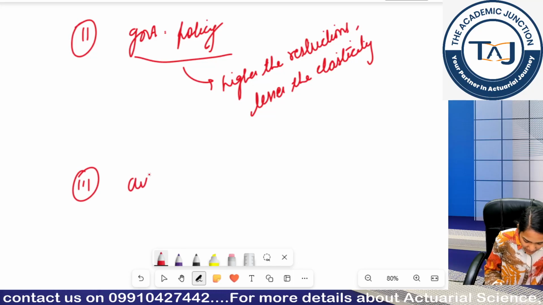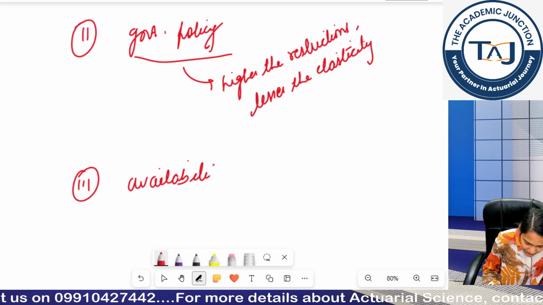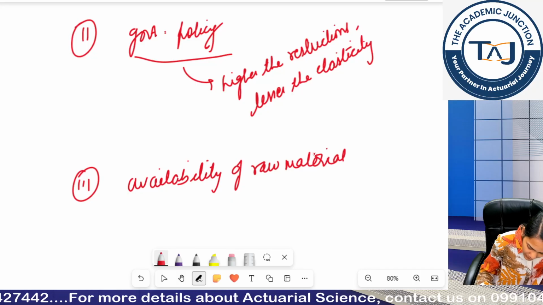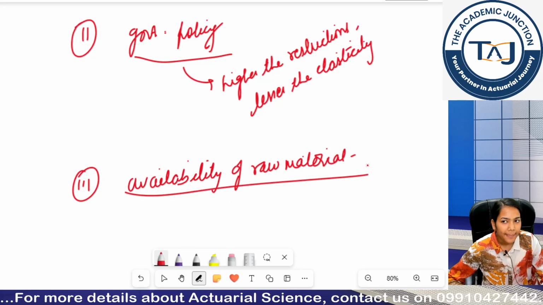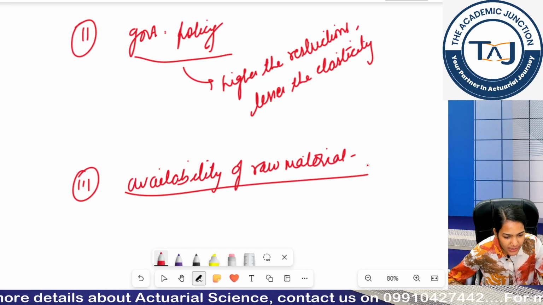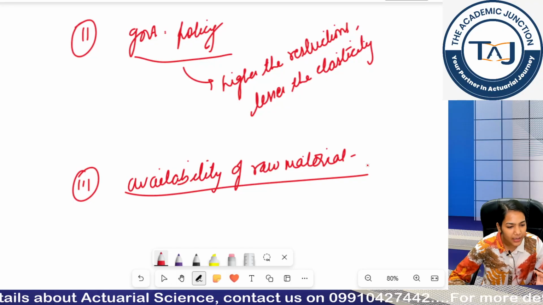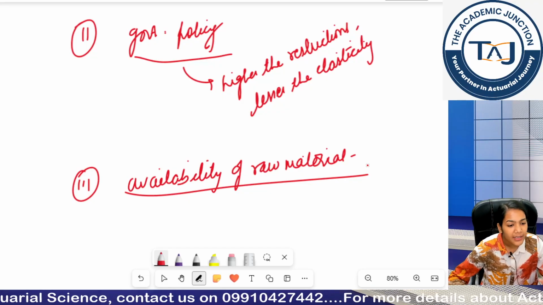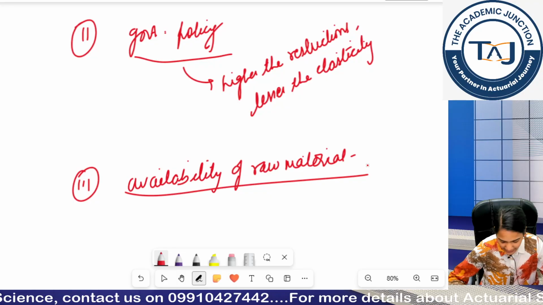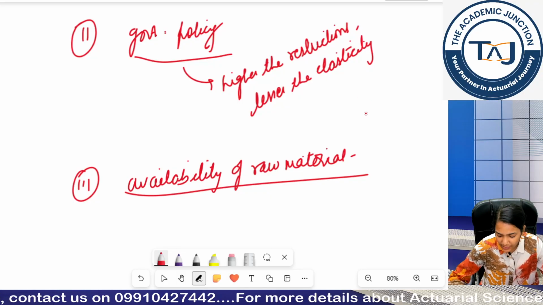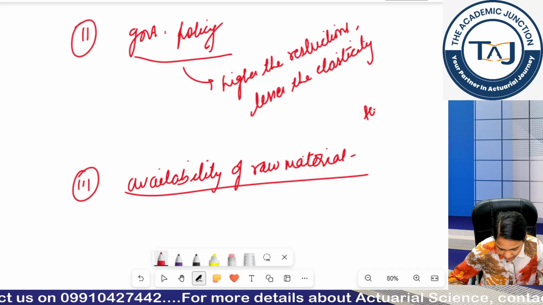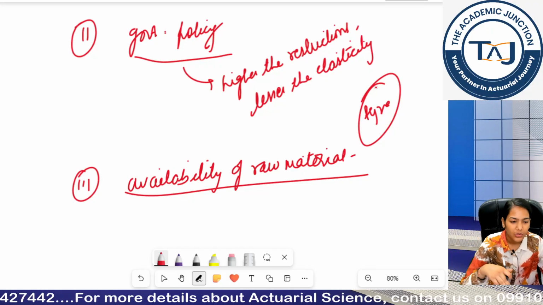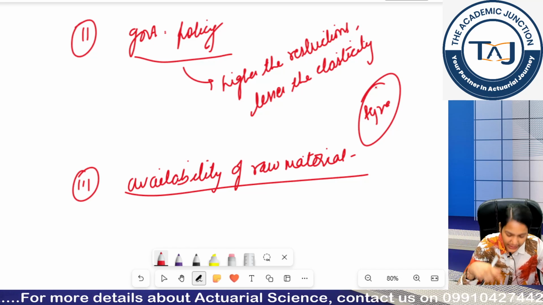Similarly, the third factor can be availability of raw material. If, for example, I want to increase the supply of my cotton shirts, cotton is an easily available raw material, so I can increase or decrease the supply very easily, flexible supply, right? But if I produce a certain tire which requires a special kind of chemical which is only imported, it may take time to find the raw material.